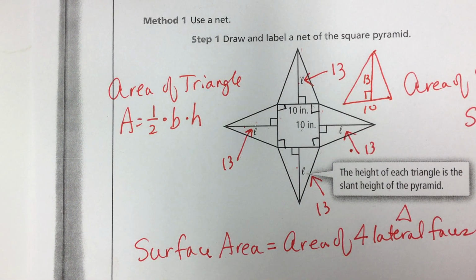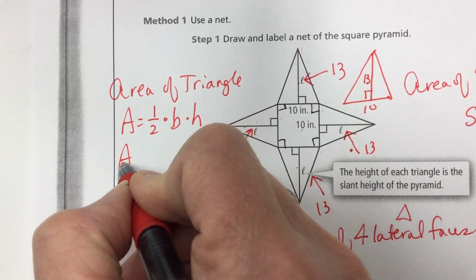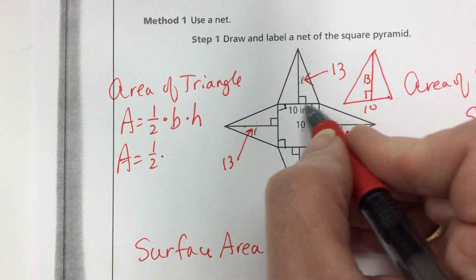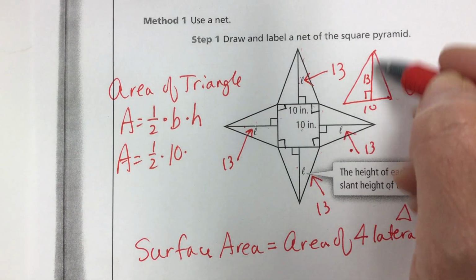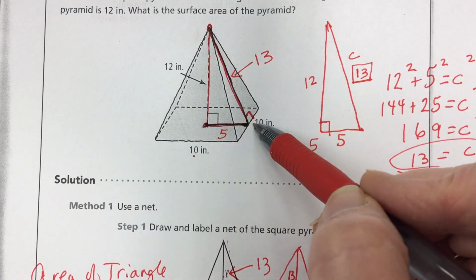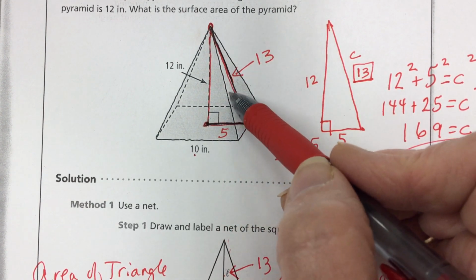So area is equal to 1/2 times my base, which is the side of the square, 10, times the height, which is the slant height that we found. It's the slant height of the pyramid, but the height of the triangle.